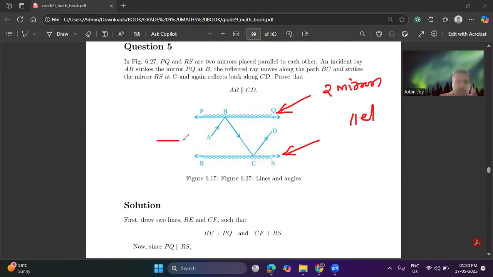An incident ray, this is a ray. One ray is coming and strikes mirror number 1. So incident ray AB strikes the mirror PQ at point B. Then the ray will be reflected back.